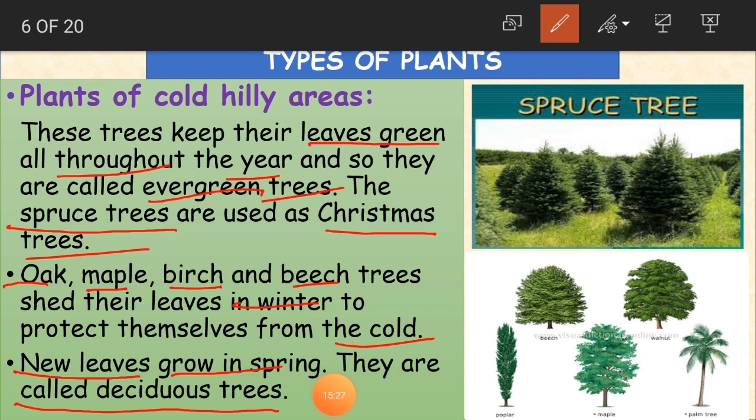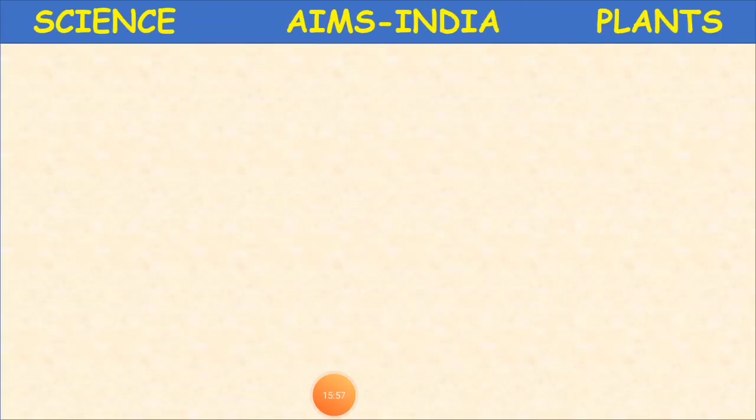Deciduous trees shed their leaves in winter to protect themselves from the cold, and they get new leaves back again in the spring. For example, what trees do we have here? Oak, maple, birch and beech. Clear, children? Yes.